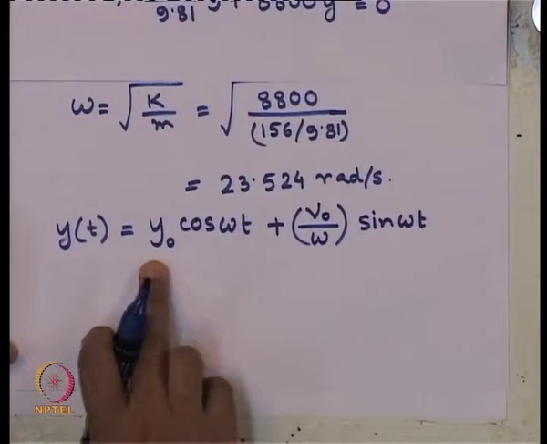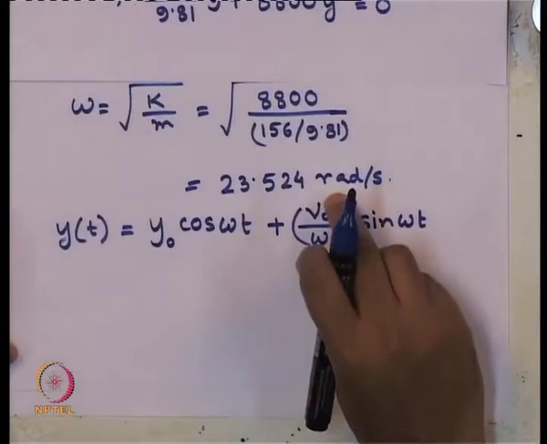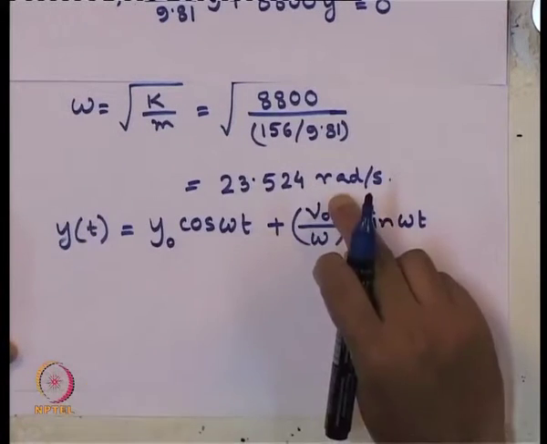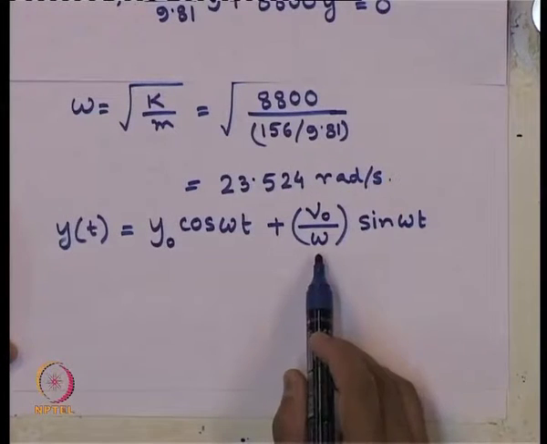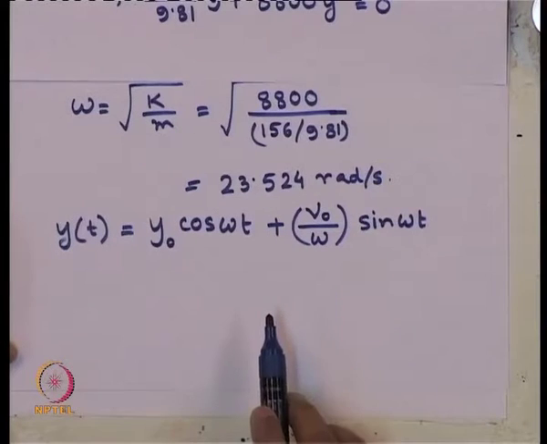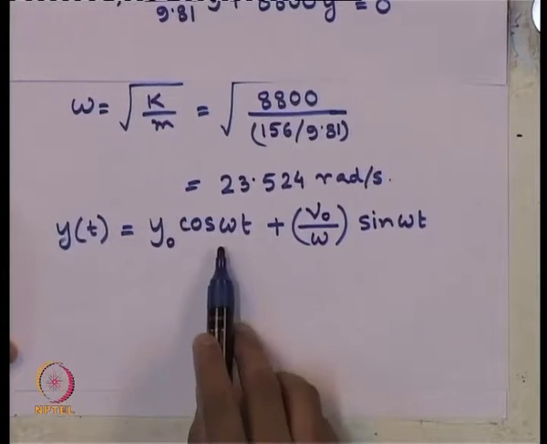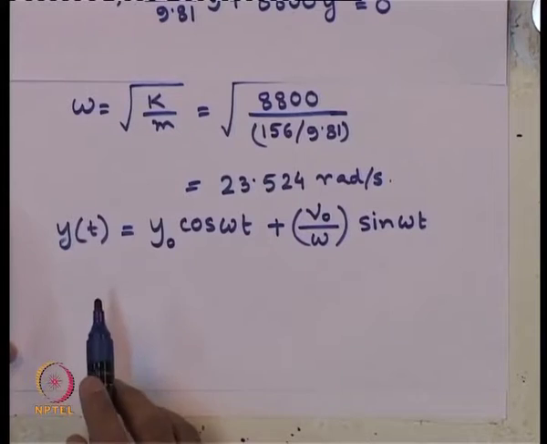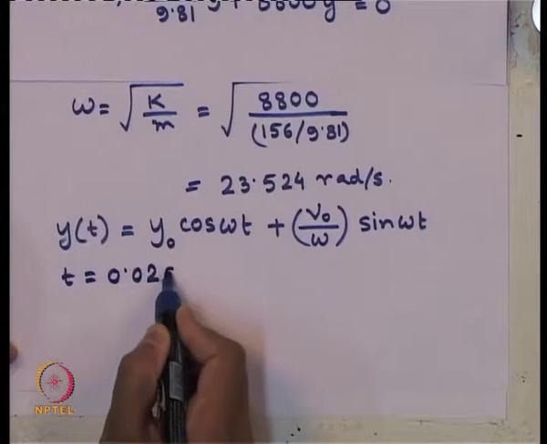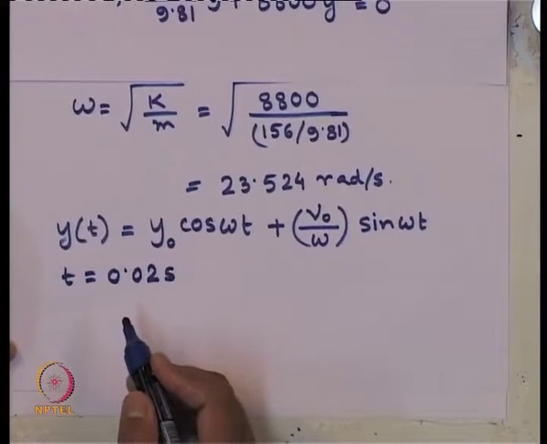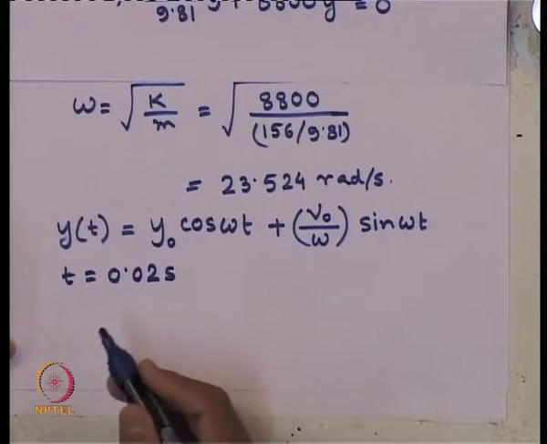So, now y naught is known to us, initial velocity v naught is also known to us, omega we have computed just now. What it has asked: after t equals 0.02 second, how much is the displacement or deflection of the system.